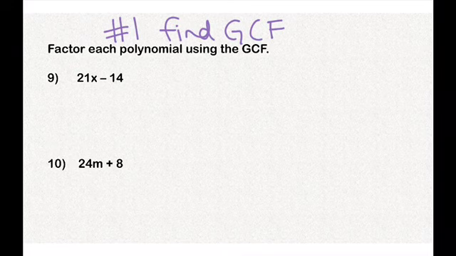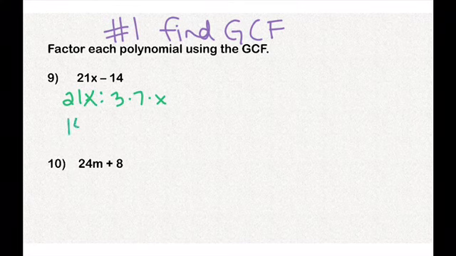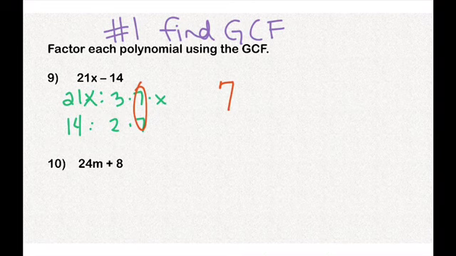So what I'm going to do is take each term and find the GCF. So 21x, that's 3 times 7 times x. And 14 is 2 times 7. Okay, what's the GCF? It's 7. So I'm going to write 7 out here. That's one of my numbers. 7 times what?